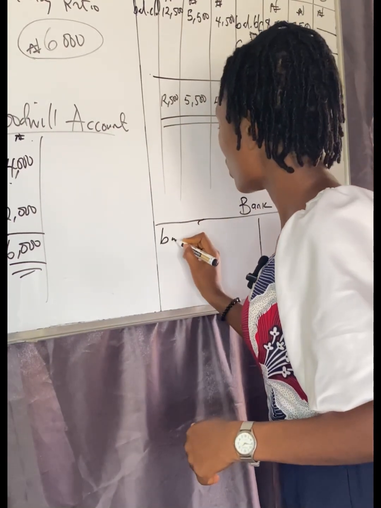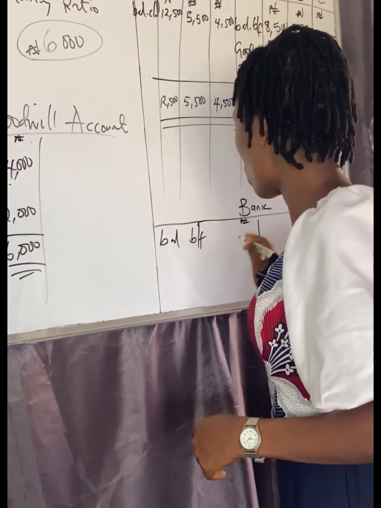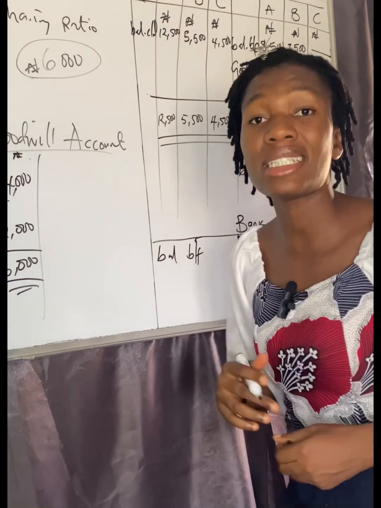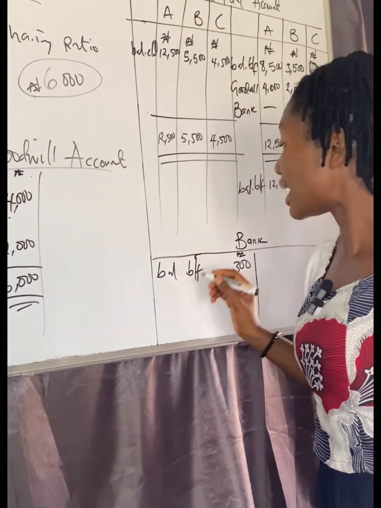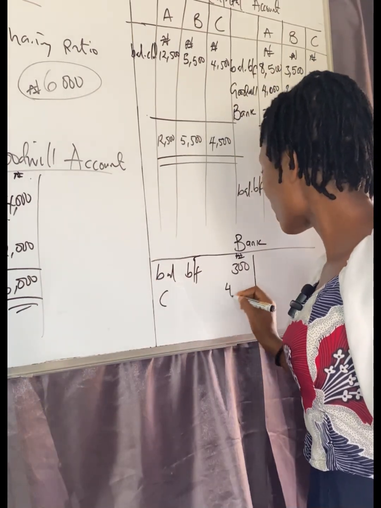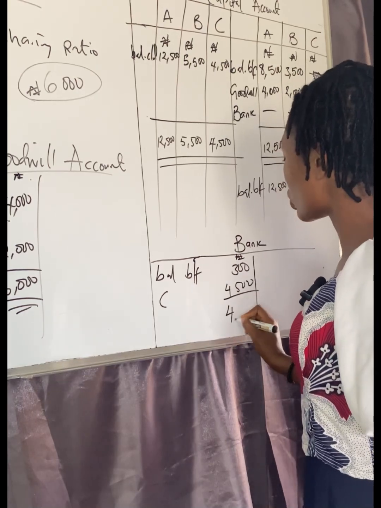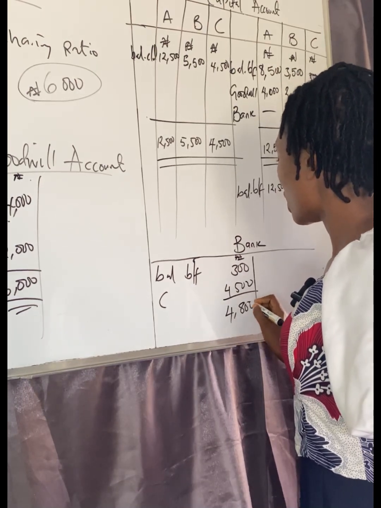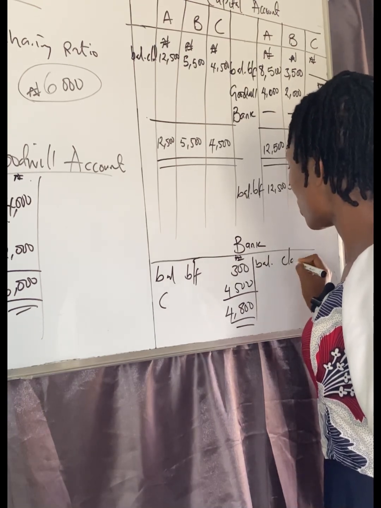We are having for the bank a balance brought forward of 300 naira as was stated in the balance sheet. This 300 is the value we have from our balance sheet, and then C brought in a capital of 4,500. That means we'll be having an increase, and then our bank balance will increase from 300 naira to 4,800 naira.